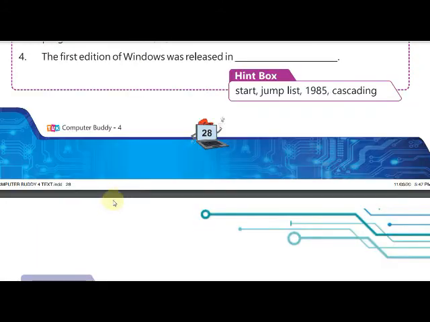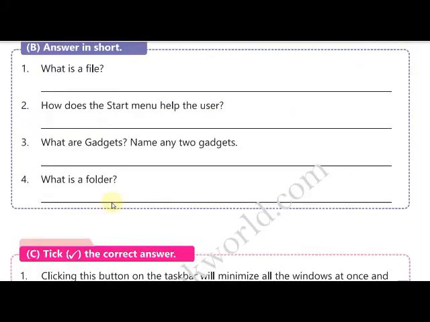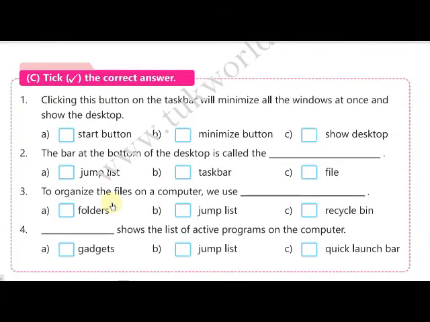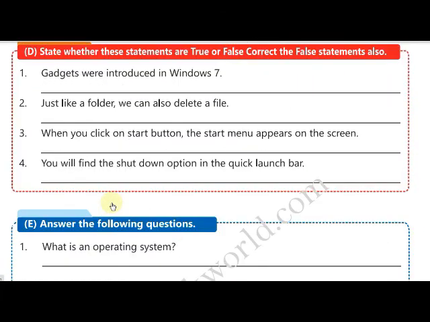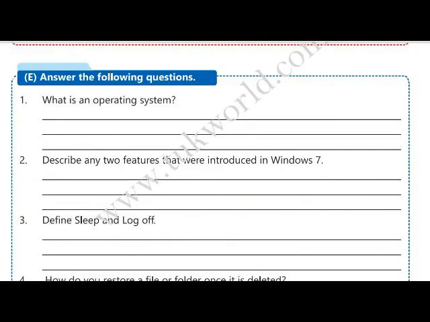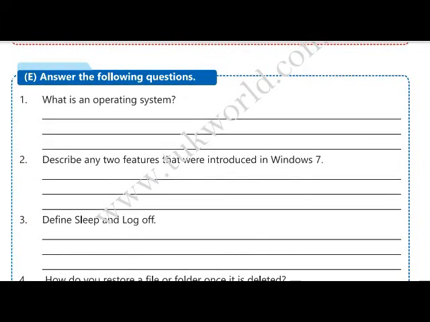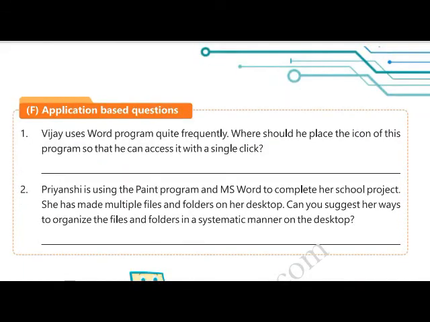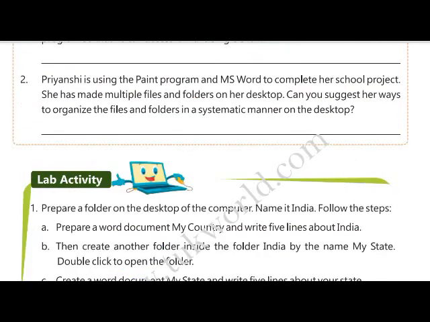After that, the next one is answer in short, then take the correct answer. After that, the next one is state whether the statements are true or false, then answer the following questions. And at the end, let's see, there are application based questions. This also you have to solve.